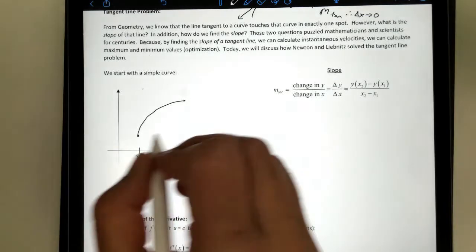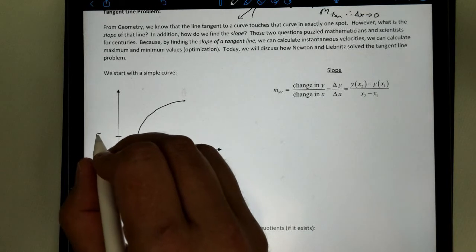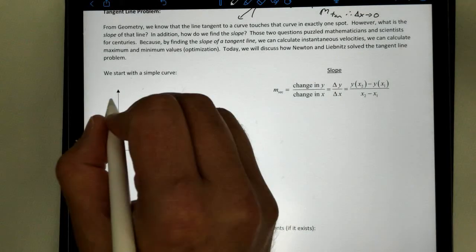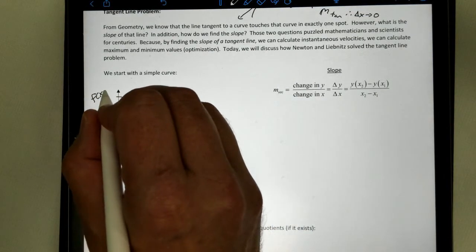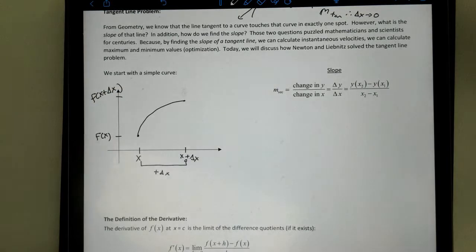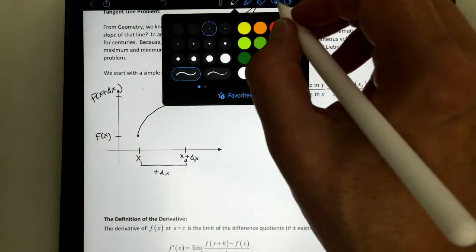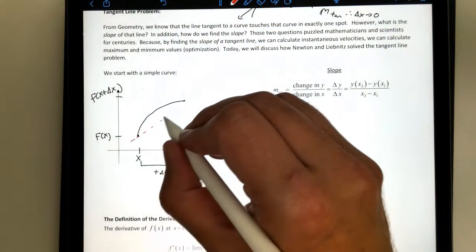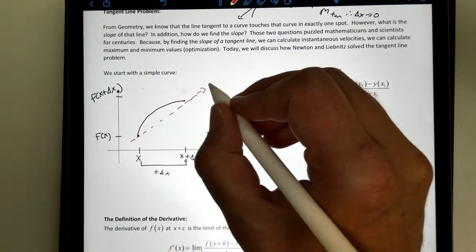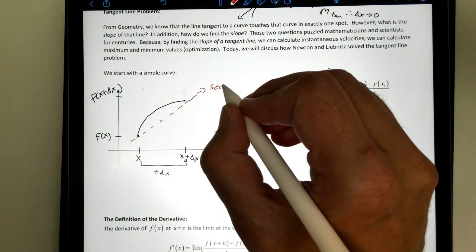Now, these two x values have corresponding y values. There's f of x. There's f of x plus delta x. Right, like so. From here, I can solve for a tangent line. If I were to draw a line here, I can have a secant line, excuse me.